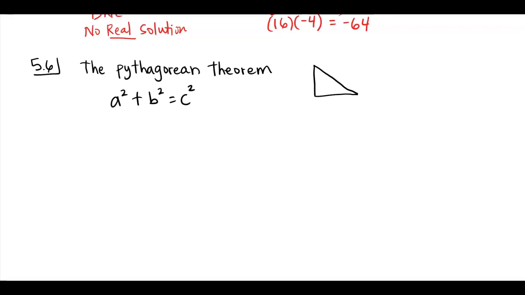I know it's a right triangle if one of the angles is a 90-degree angle. And then the two sides coming off of that 90-degree angle are called the legs.